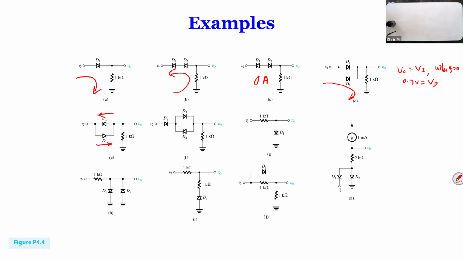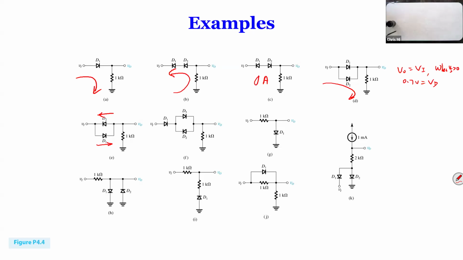If it's non-ideal, you'll have a minus 0.7. With this type of circuit, between minus 0.7 and positive 0.7, there's no output. Above 0.7, you have output, but less 0.7. If less than negative 0.7, you have output as well. Okay, so that's what we have.